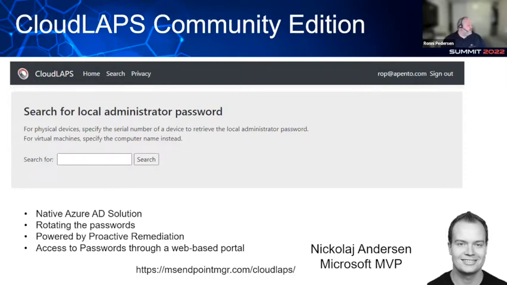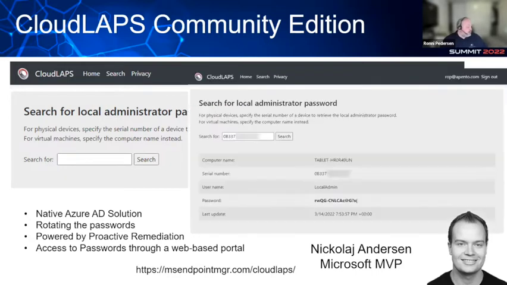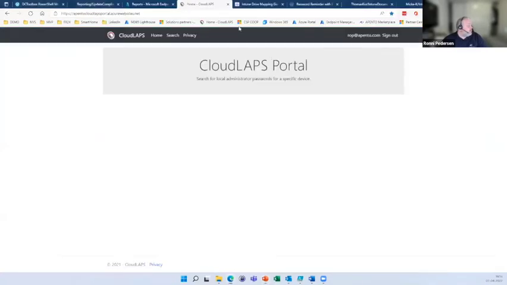This is a solution where you have this nice web portal where you can go in and get the information of the devices. I've actually set it up in our own environment, so you can see here how the portal looks.